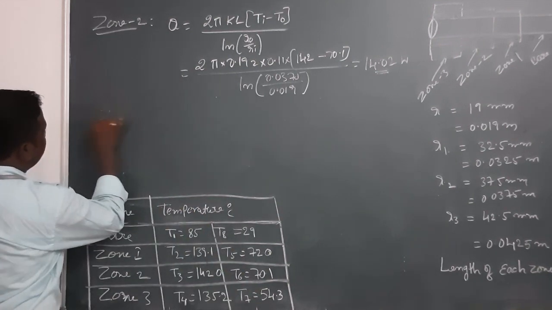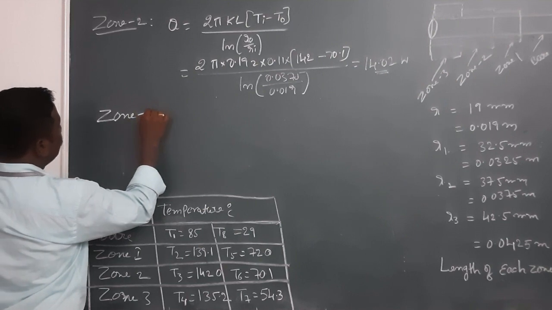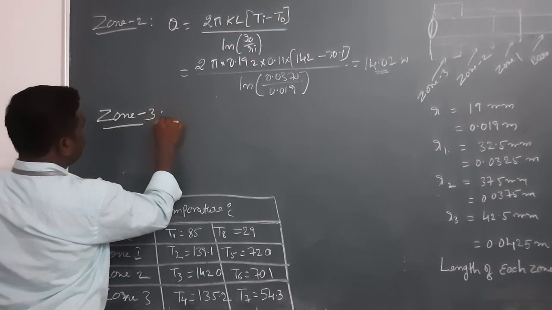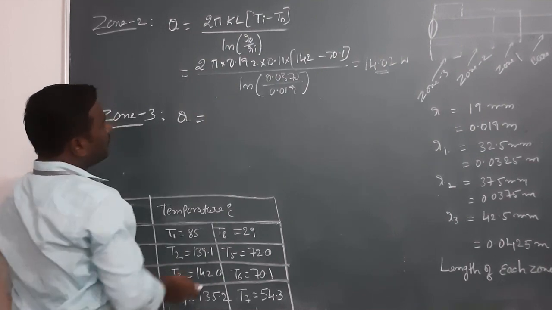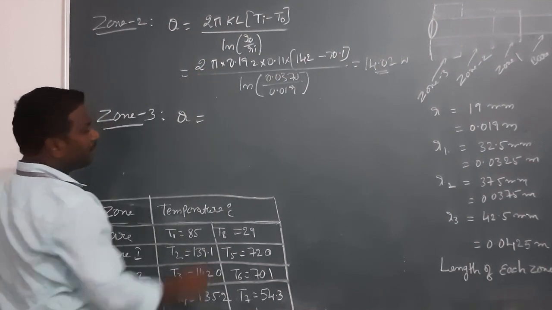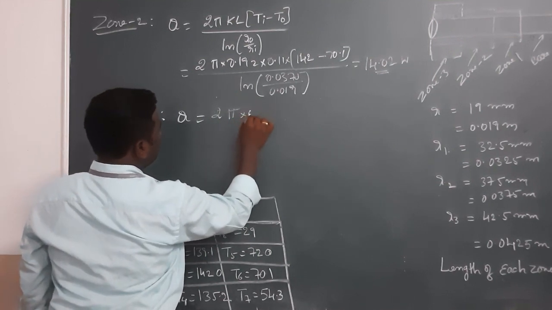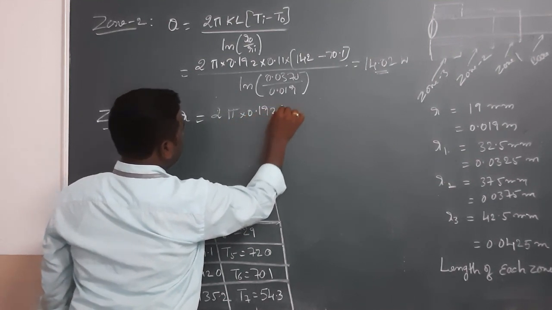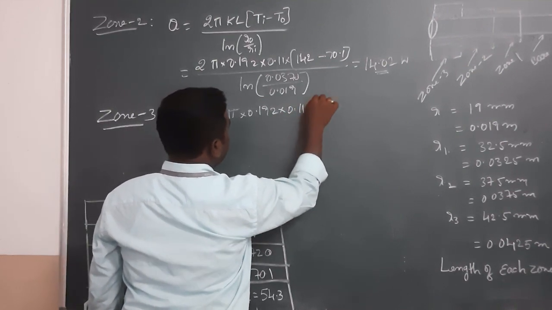Again, calculate the rate of heat transfer through zone 3. The same formula I am applying here, so directly I am substituting the values. 2 pi k, where k value is 0.192. Length of this zone is the same, 0.11.